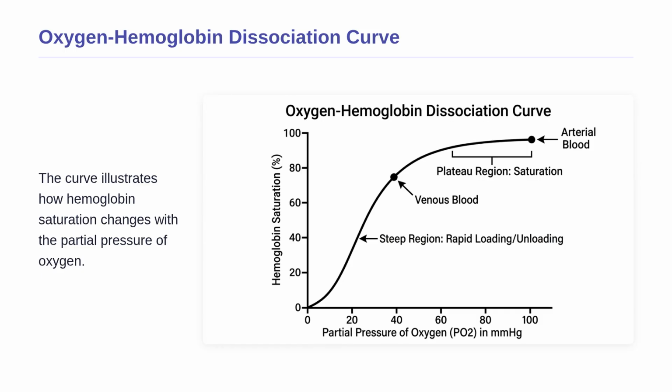The steep region on the left shows where oxygen is rapidly loaded or unloaded, which corresponds to the environment in our tissues, marked here as venous blood. As we move to the right, the curve flattens into a plateau region. This represents the arterial blood in the lungs, where hemoglobin becomes almost fully saturated with oxygen. This diagram beautifully teaches us how hemoglobin is perfectly adapted to grab oxygen in the lungs and release it exactly where the body needs it most.